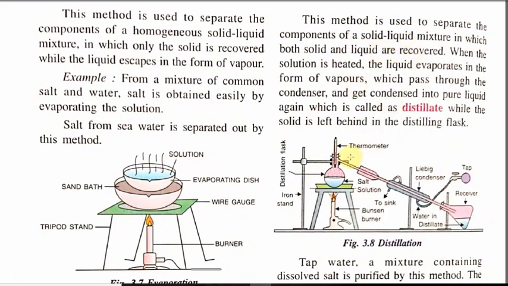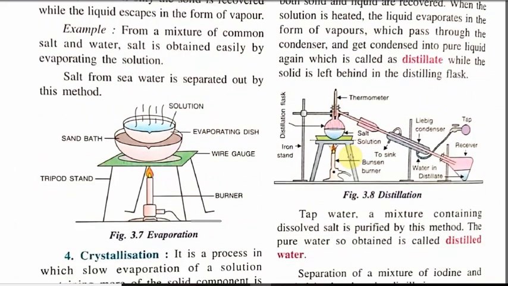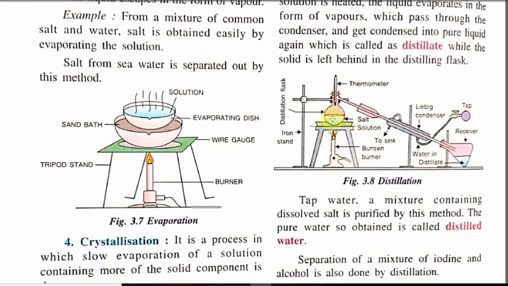You can see this figure. In this figure we have taken a solution here and we are heating it. Now when we heat this solution, the liquid component will change into vapor state, and that vapor will go through this path, and this, you can see, is the cooling jacket.